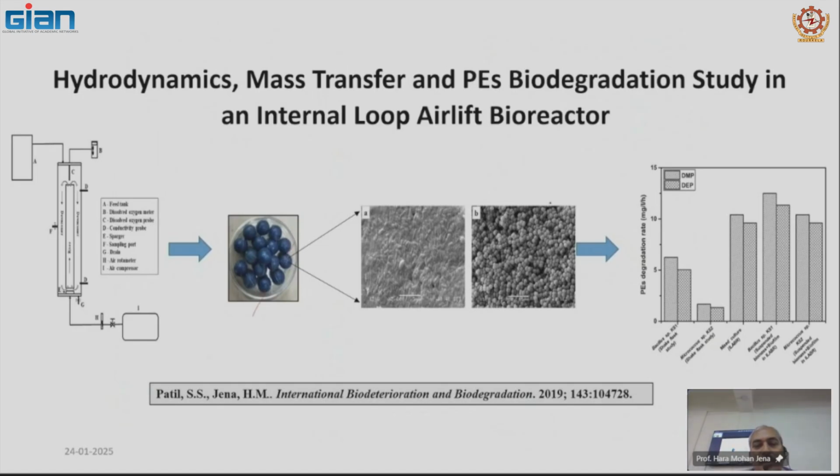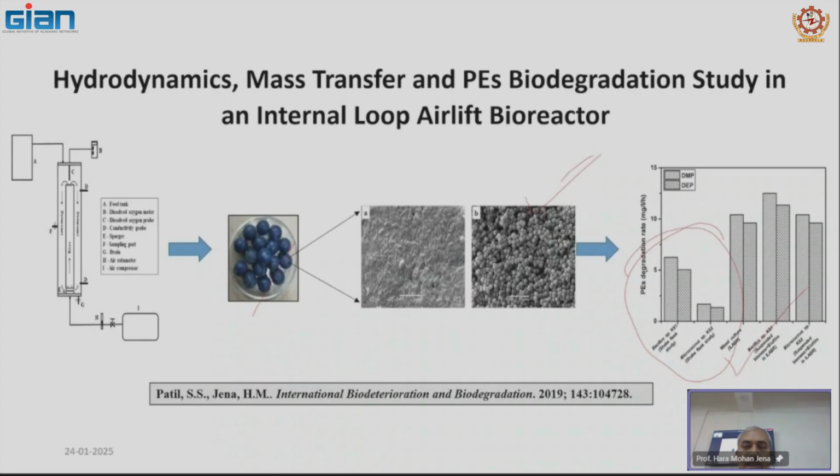You see these after attachment of the microbes, that is KS1 or KS2, how the SEM image looks, and this is the degradation of dimethyl phthalate and diethyl phthalate. You see these two, one for KS1, another for KS2, for DMP and DEP.